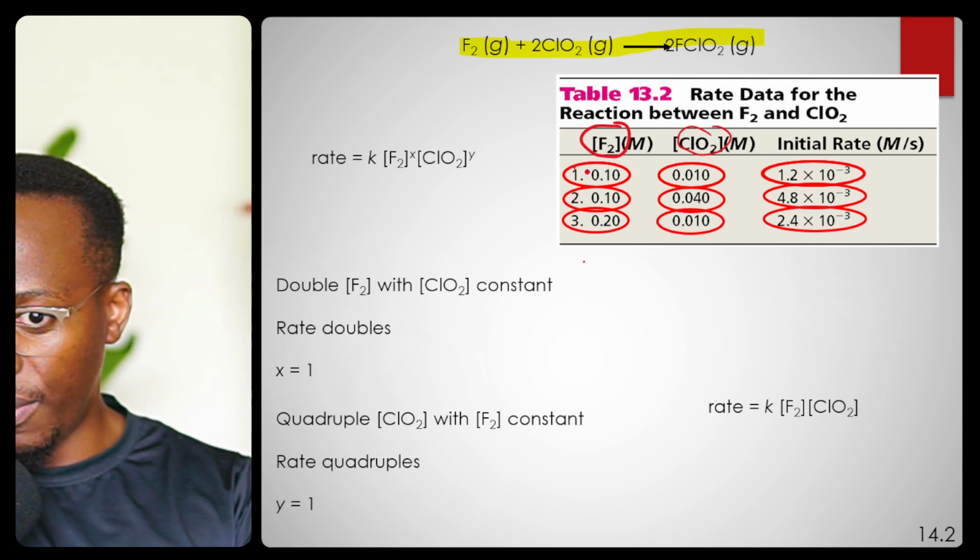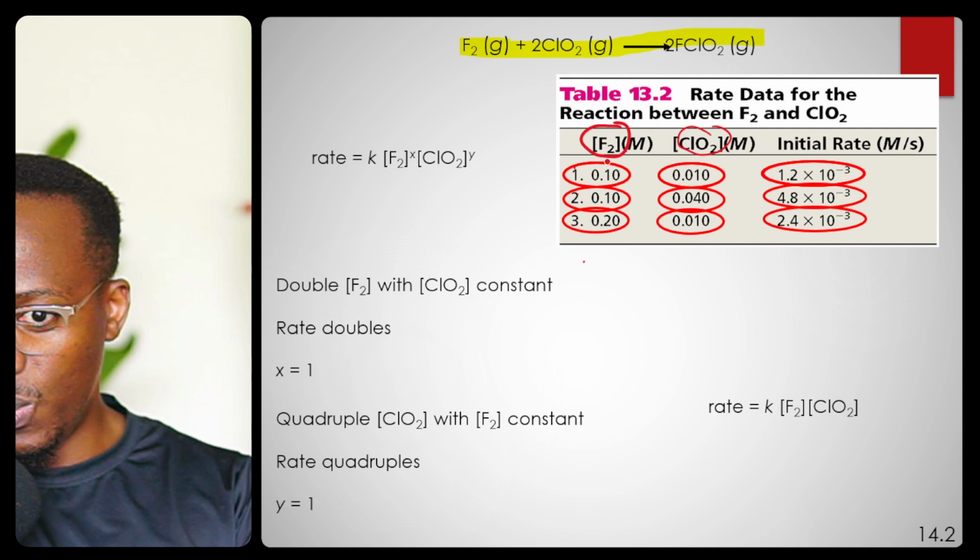We doubled F2 here. When we doubled F2, what happens to the initial rate? The initial rate, 1.2, became 4.8.